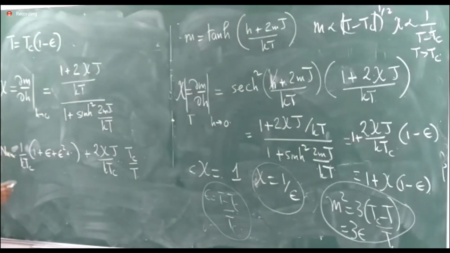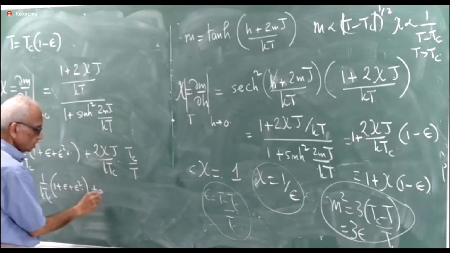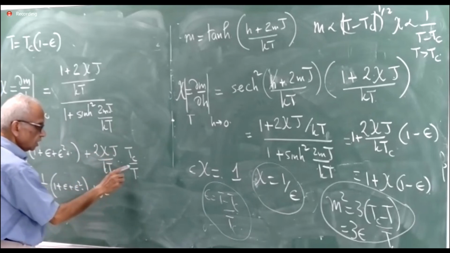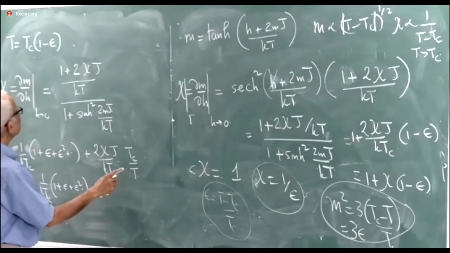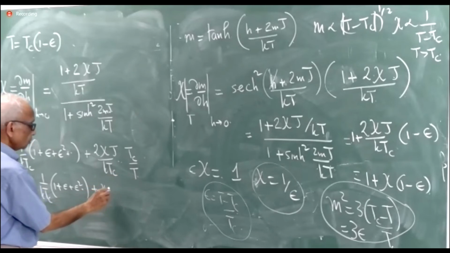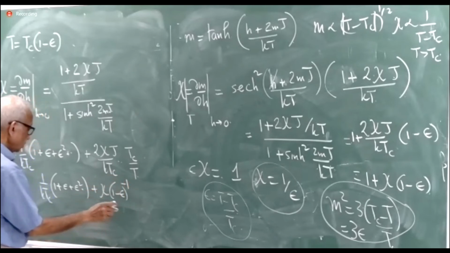So the numerator is this plus this, equal to 1 over kTc, 1 plus epsilon square, plus 2J over kTc, which is 1, and now it is kTc divided by T, and therefore it is Tc into 1 minus epsilon to the power minus 1.